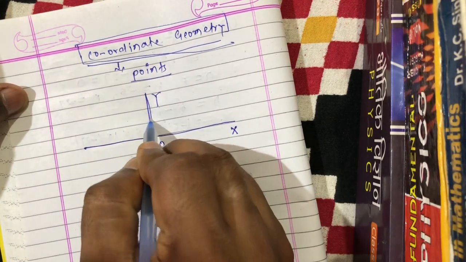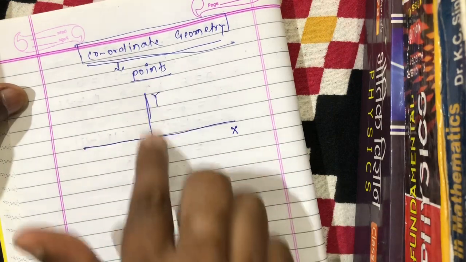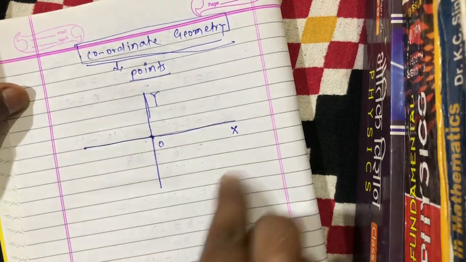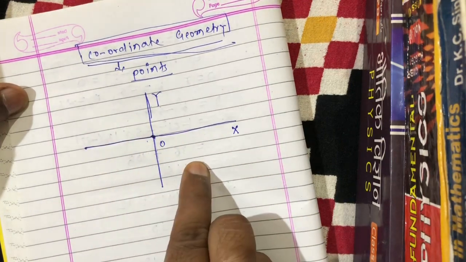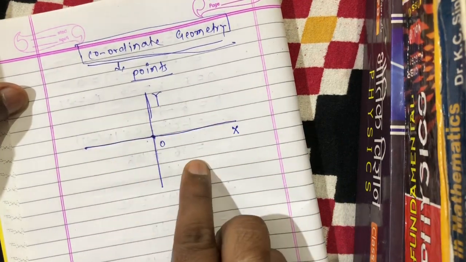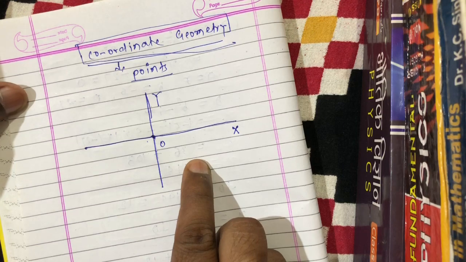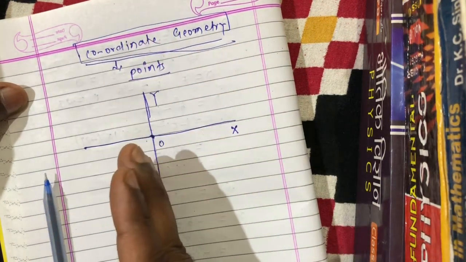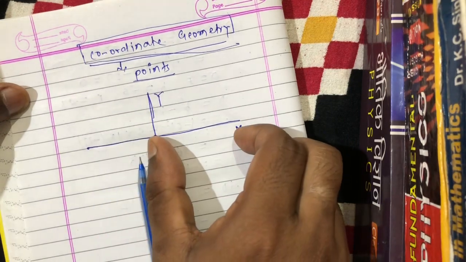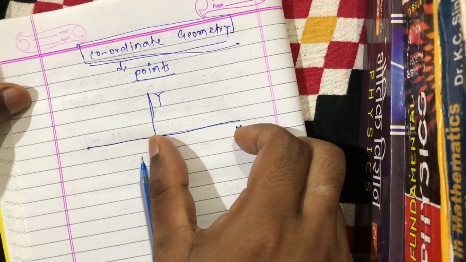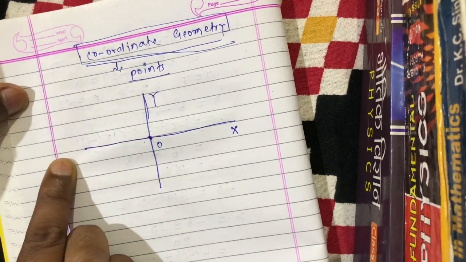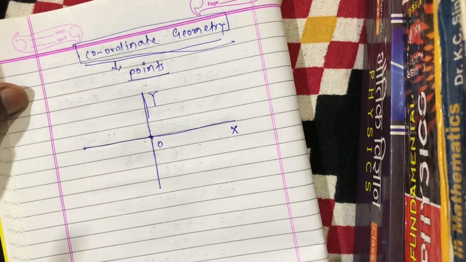Now you can see that these perpendicular lines, that is the coordinate axes, divide a plane into four parts. These parts are called quadrants. When we move right from the origin, the x-axis is measured positive, while when we move left from the origin, it is measured negative.